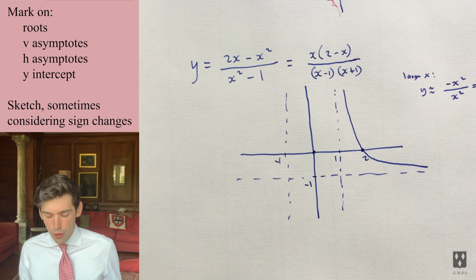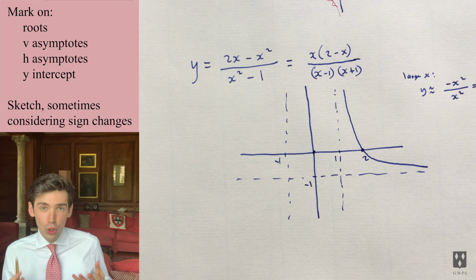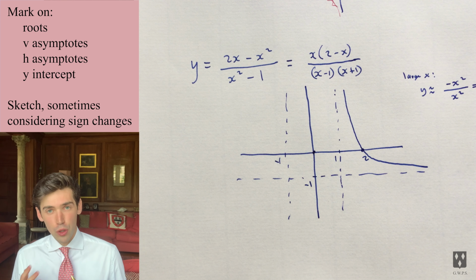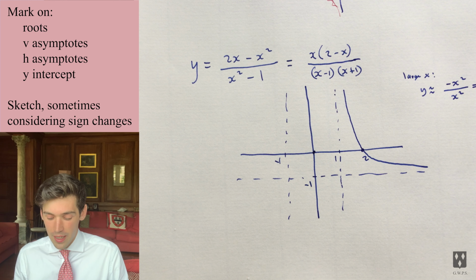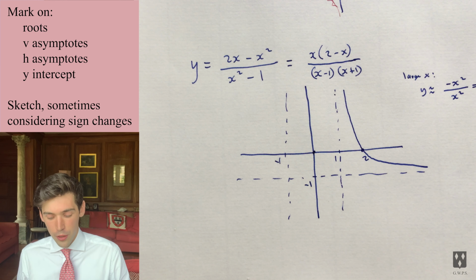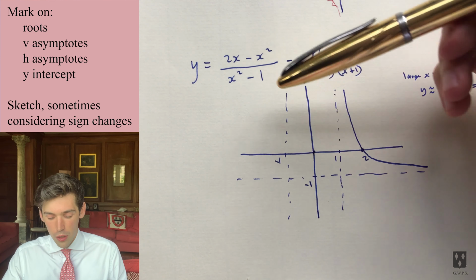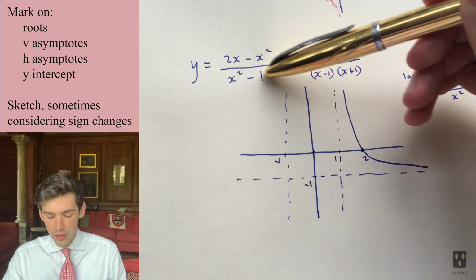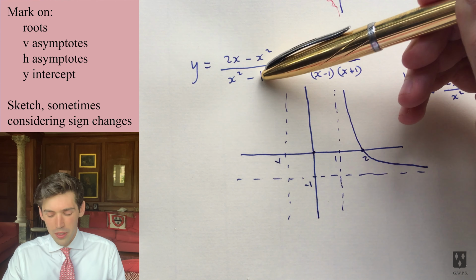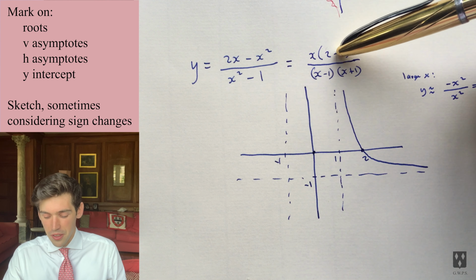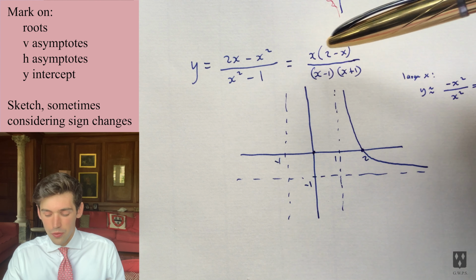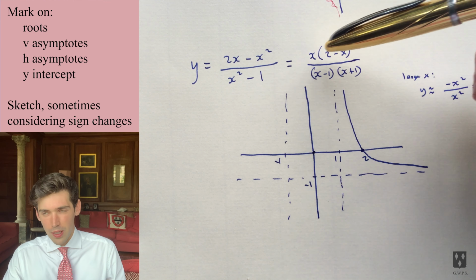So what you could do is just substitute a number, and that's always a safe option. So let's look at a half, that's between 0 and 1. And when you've got a half, what does the denominator become? It's a half squared, that's a quarter, minus 1, that's negative. And the numerator, well, actually it's easier to look at this one, becomes a half times something positive, that's positive.